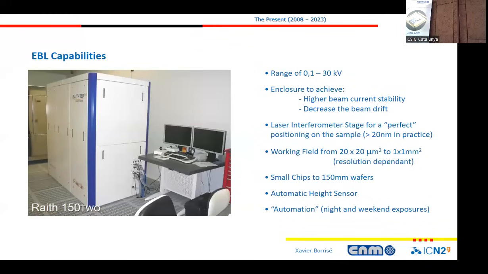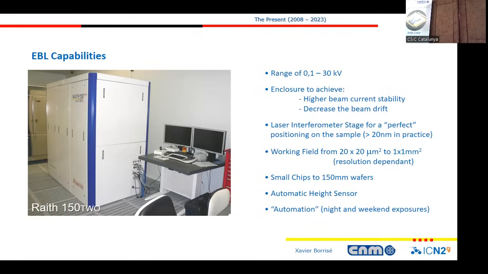Okay, let's review them. The first one is Xavier. This is basically an SEM which is modified for doing EBL. Compared to the SEM we had, it has an environmental chamber which gives us more stability.